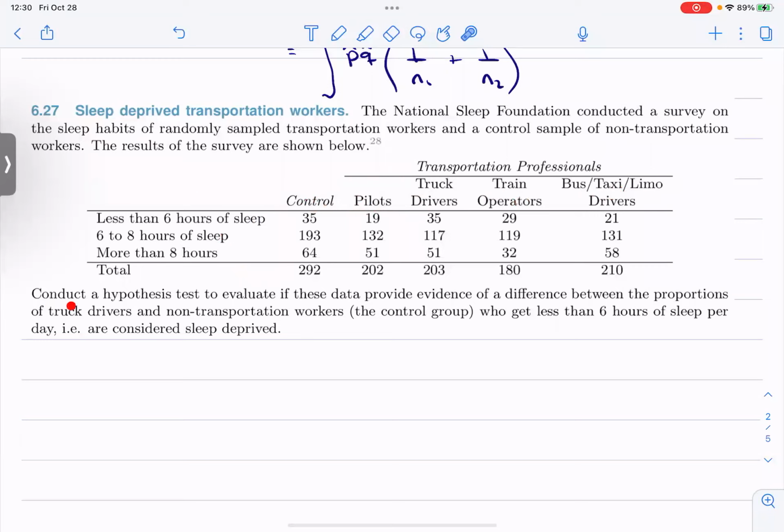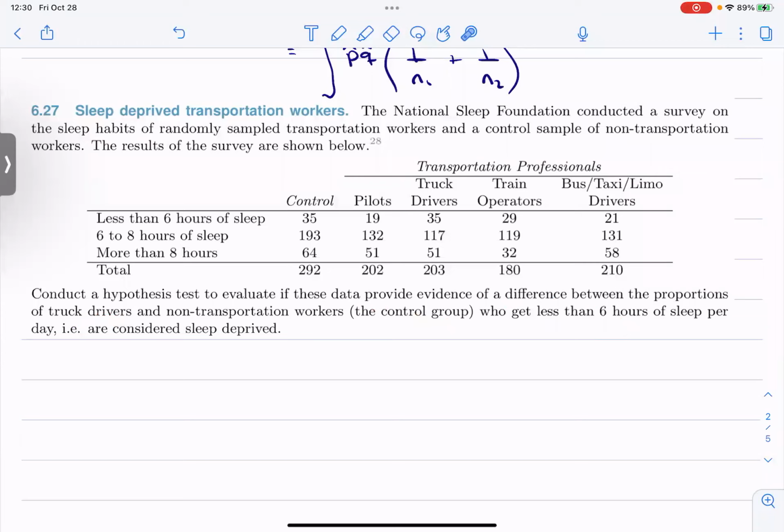We are asked to conduct a hypothesis test to evaluate if these data provide evidence of a difference between the proportions of truck drivers and non-transportation workers, which is the control group, who get less than 6 hours of sleep per day. So they would be considered sleep deprived.